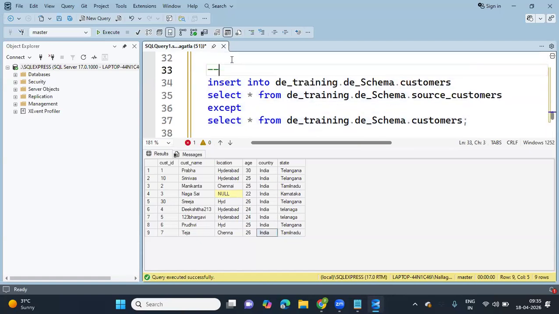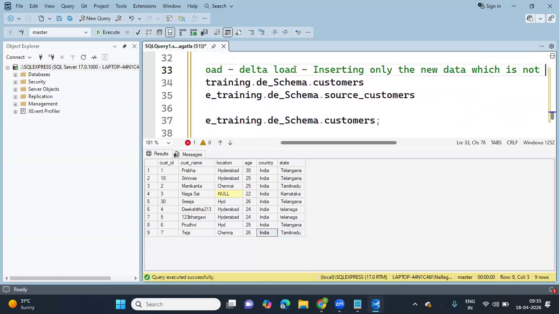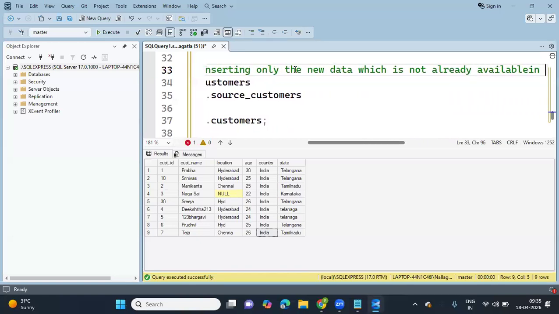They'll ask you what is incremental load and in how many ways you can do it. Incremental load, or we can also call this delta load. Whatever the term is, it is inserting only the new data which is not already available in the target.